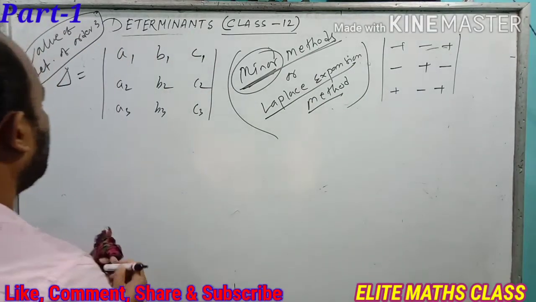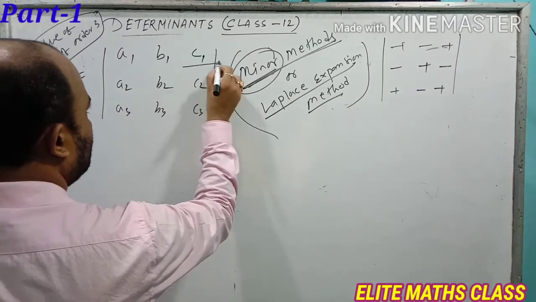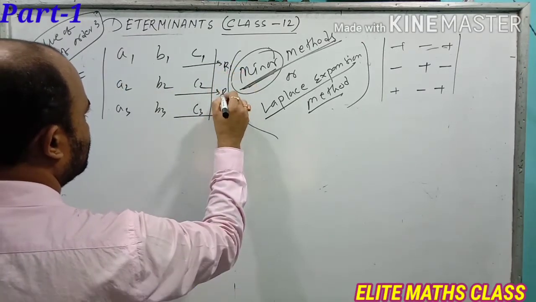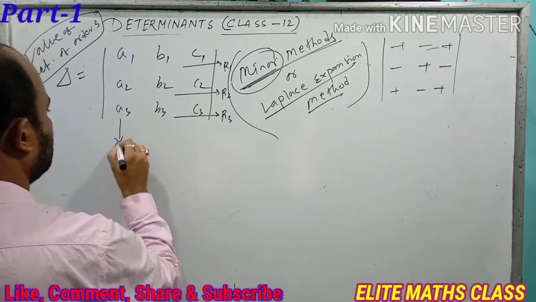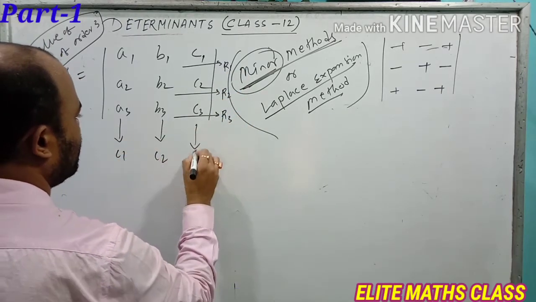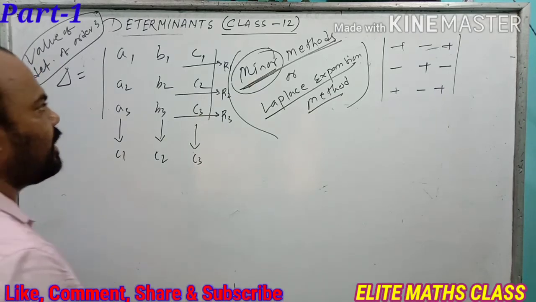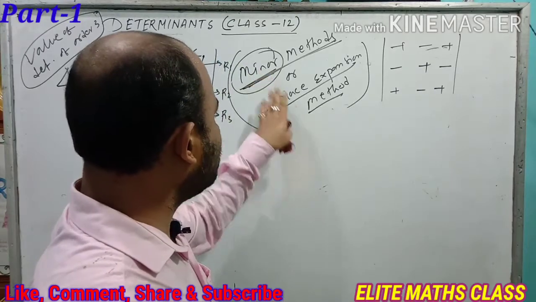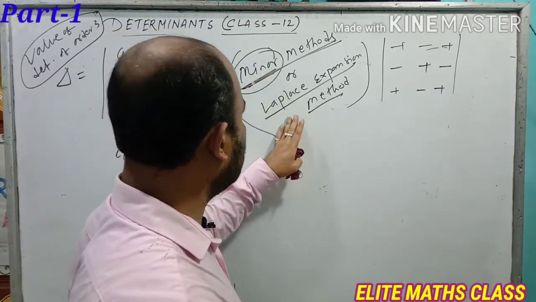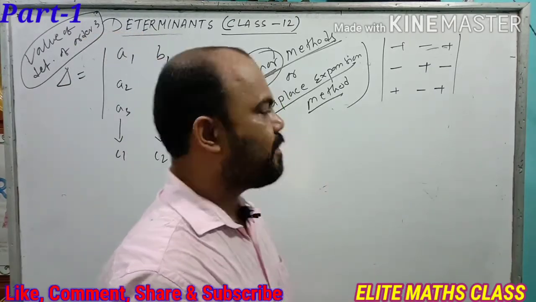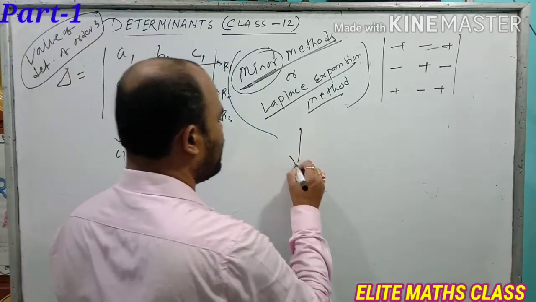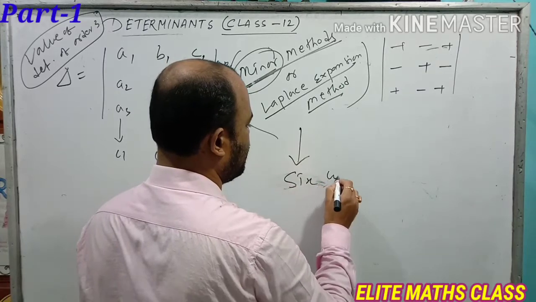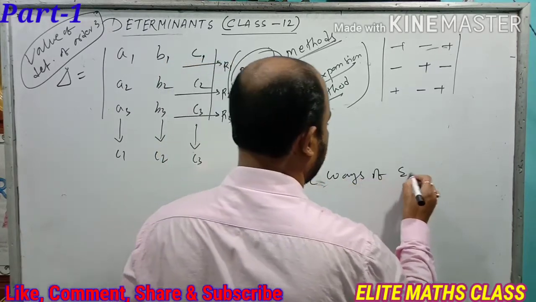Now see, in a determinant of order 3, how many rows and columns are there? There are 3 rows, R1, R2, R3, and 3 columns, C1, C2, C3. By this method, either the minor method or the Laplace expansion method, both are the same, you have 6 ways of expansion.